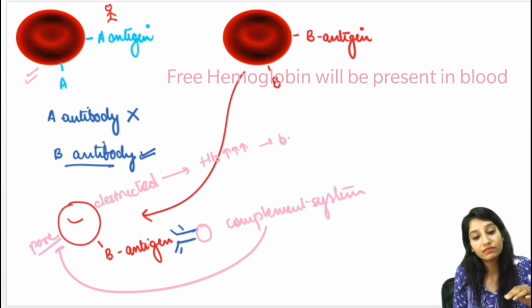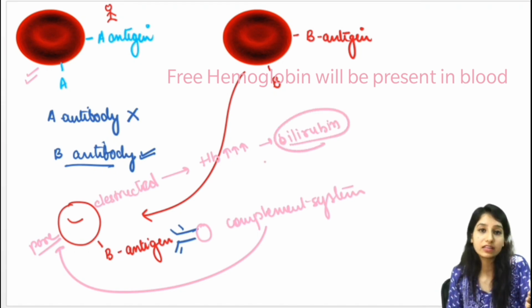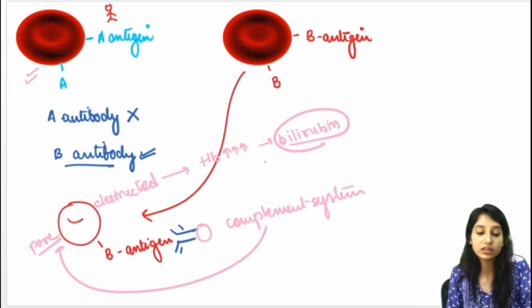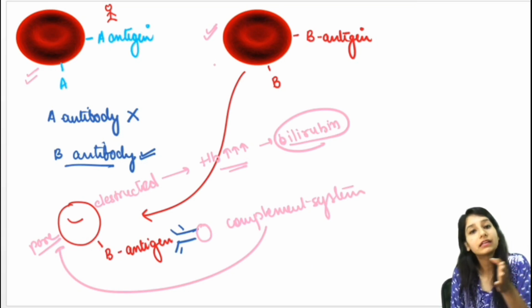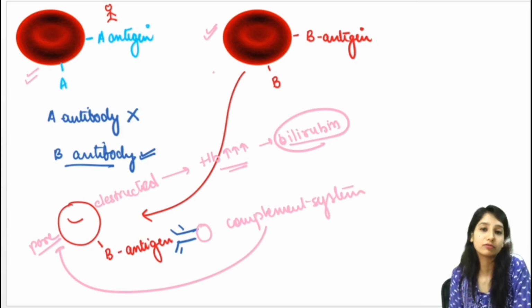It will be converted into bilirubin, biliverdin. So the amount of bilirubin and biliverdin will increase in our blood plasma. It will increase in our urine. The hemoglobin amount is also increased in our kidney. So in all, it is creating a lot of destruction as B blood group has been transfused in our body, and it will create a type 2 hypersensitivity.